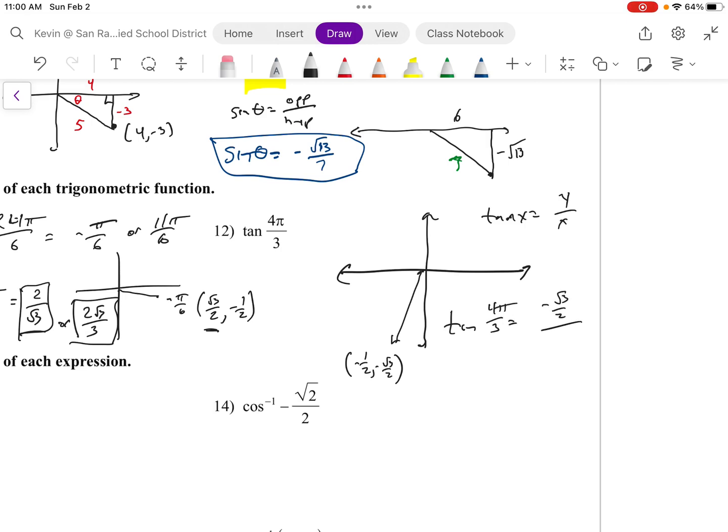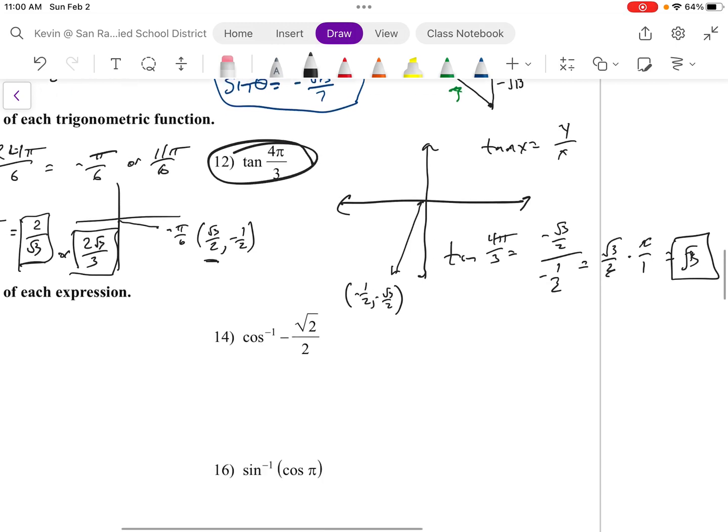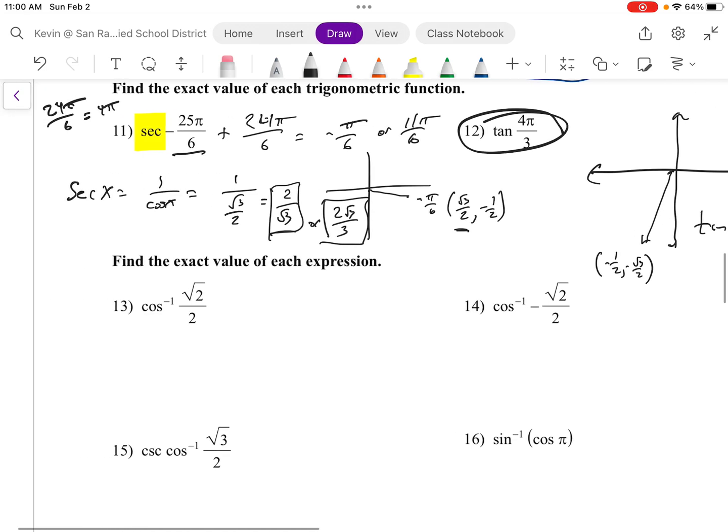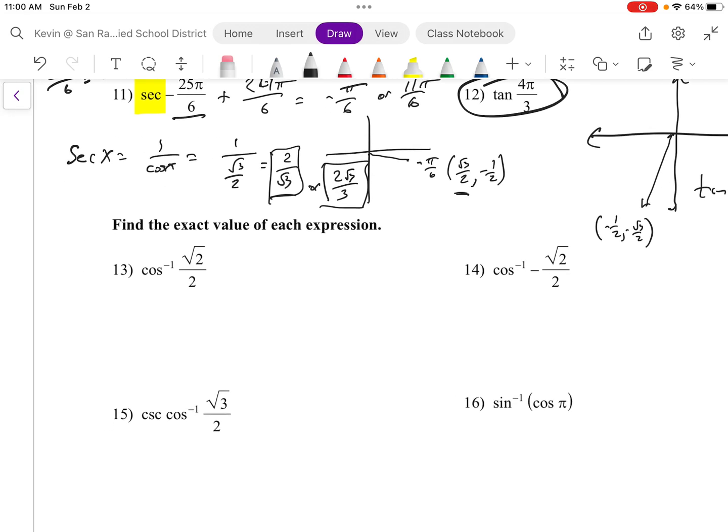So tangent of 4 pi over 3 is y, negative root 3 over 2, over negative 1/2. That's root 3 over 2 times 2 over 1, right? Negative, negative is a positive. These cancel out. So that's root 3. Again, that's one of those you should memorize since it's on the unit circle as tangent. Okay.